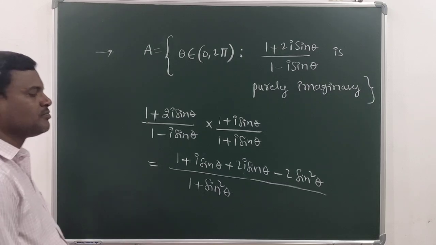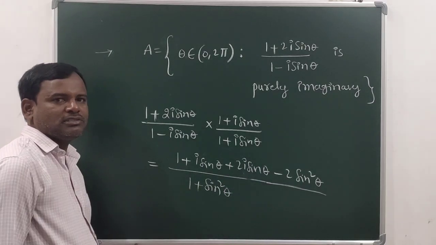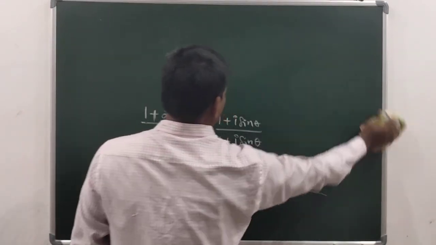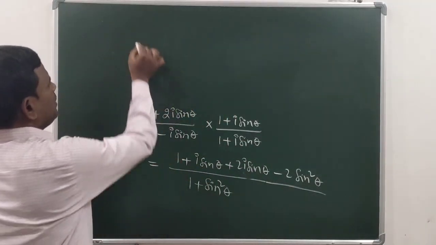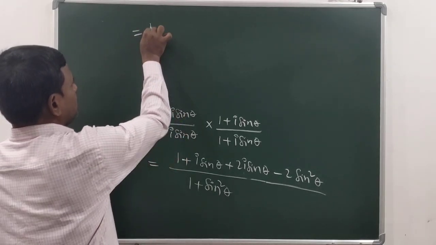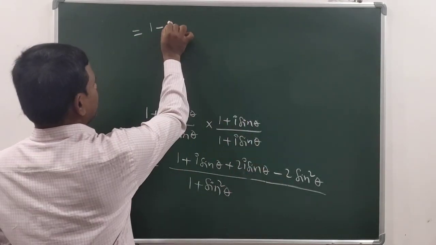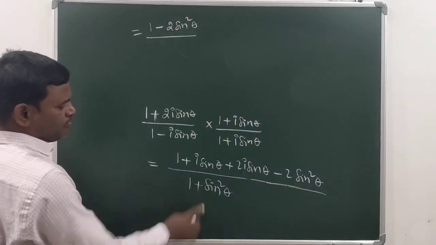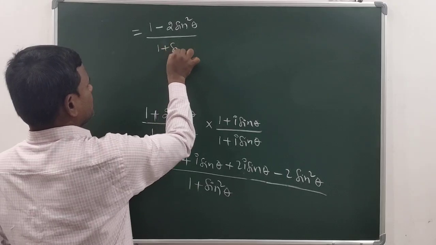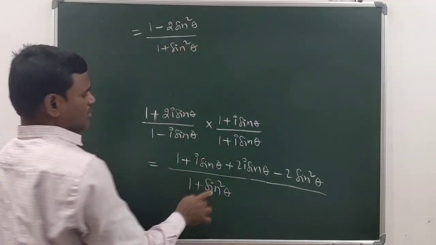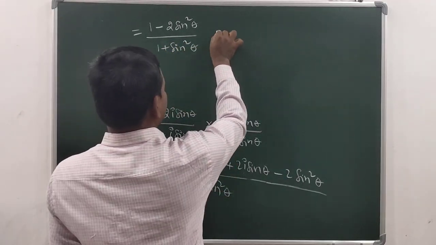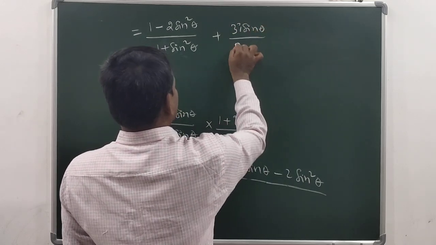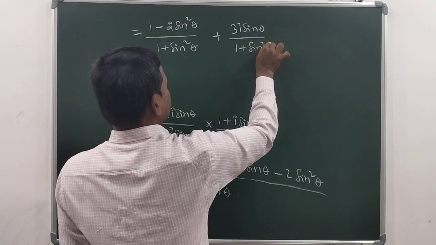Now separate the real part and the imaginary part. In the numerator, the real part is 1 minus 2 sin square theta, whole by 1 plus sin square theta, and the imaginary part is 3i sin theta by 1 plus sin square theta.